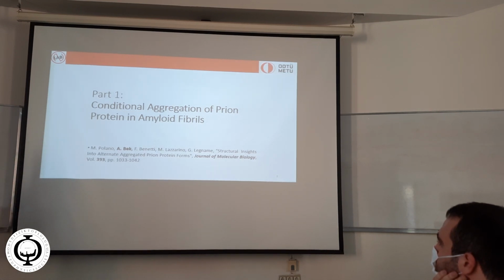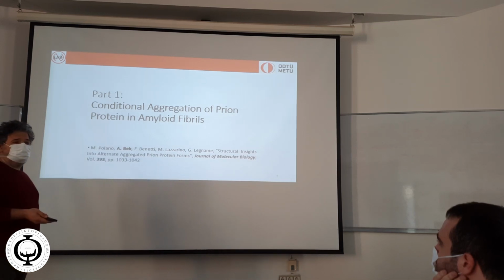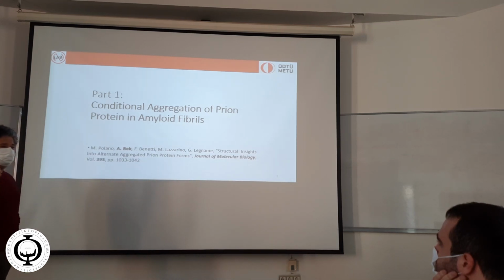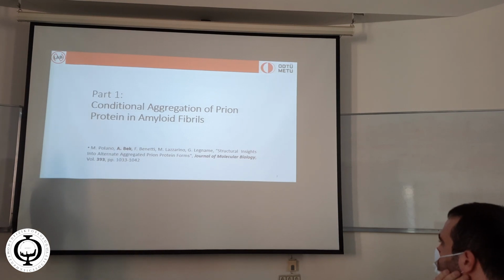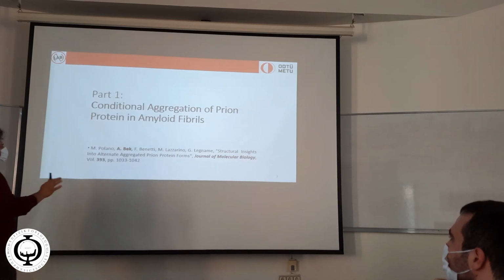But prion disease is interesting because it's a contagious disease which is spread by proteins, not even viruses or bacteria. It's simply over proteins. You digest a mad cow meat, and then you can get mad cow disease.